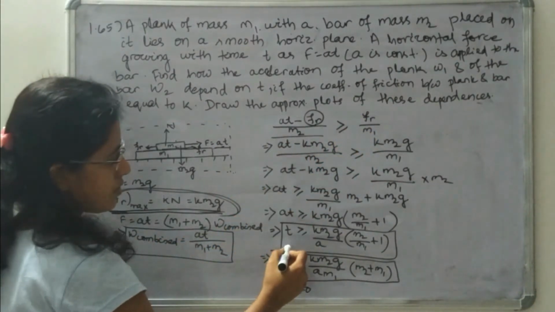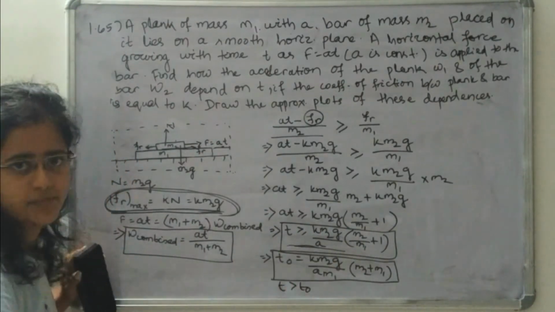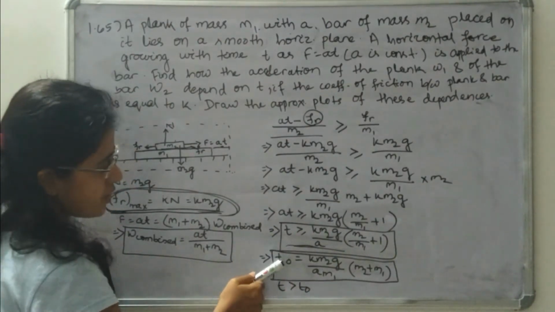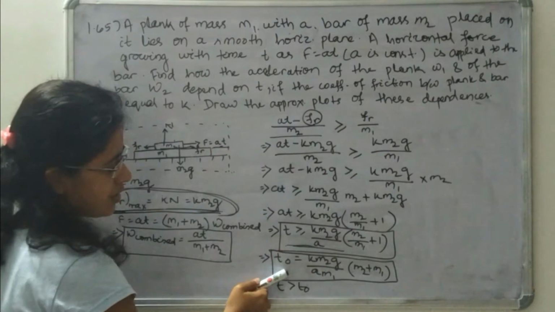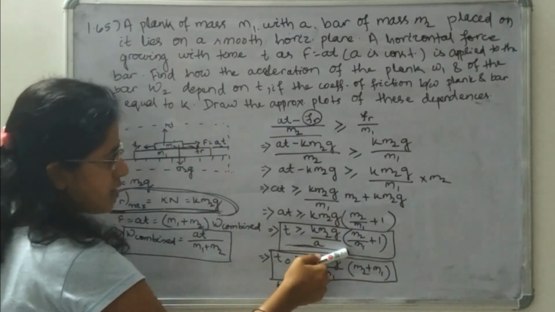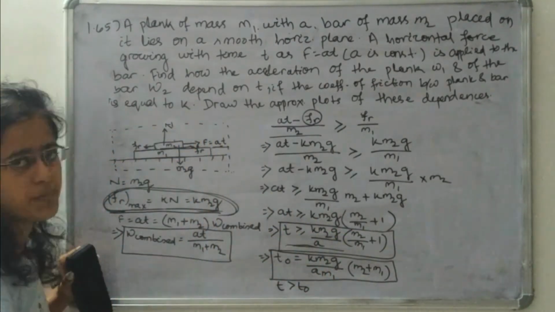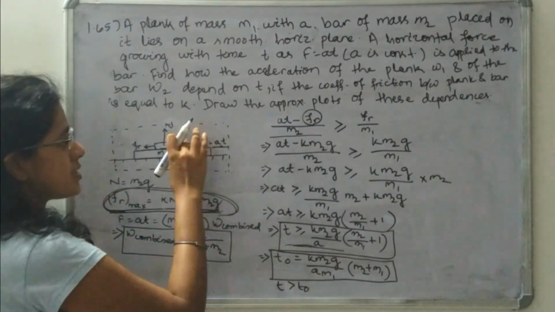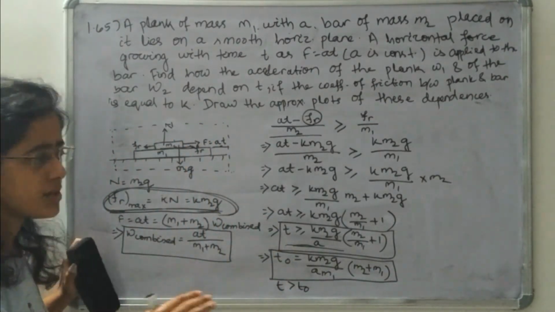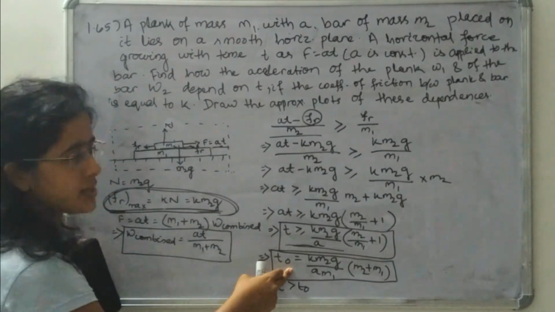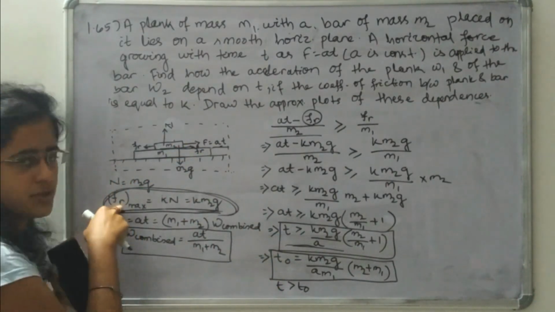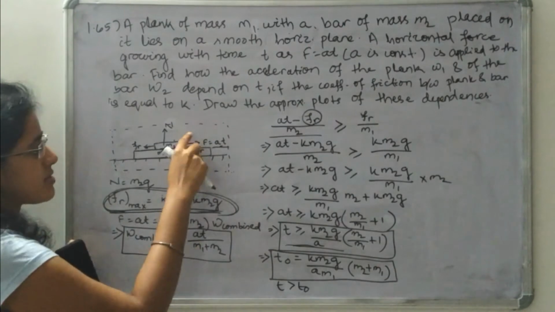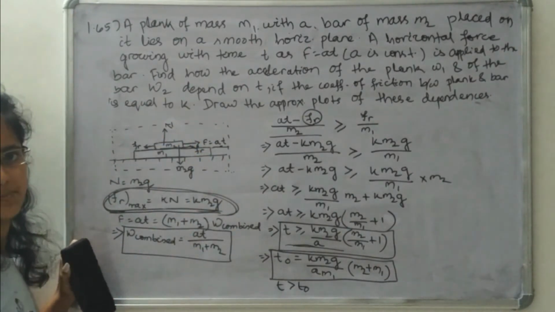Solve this and we get the value of t, and this time t naught is equal to this value. Up to this much time these two bodies are moving as a system, and after this time, the maximum frictional force has already been reached. Hence, these two bodies are moving separately.